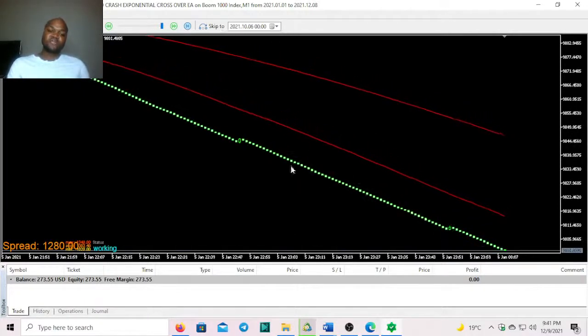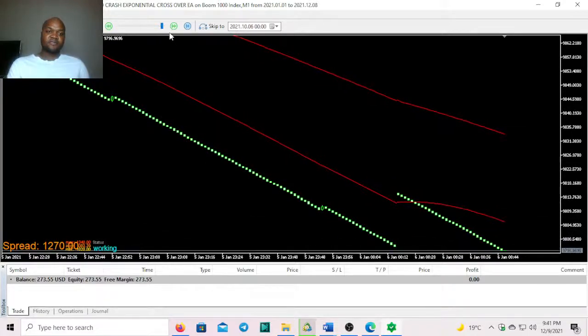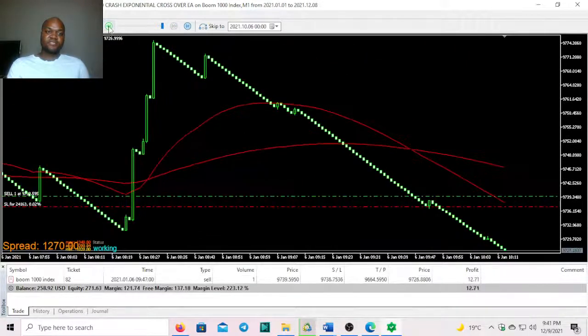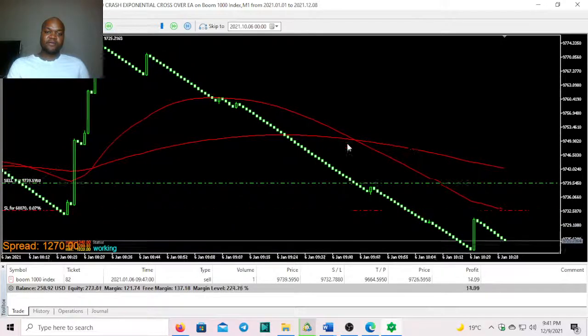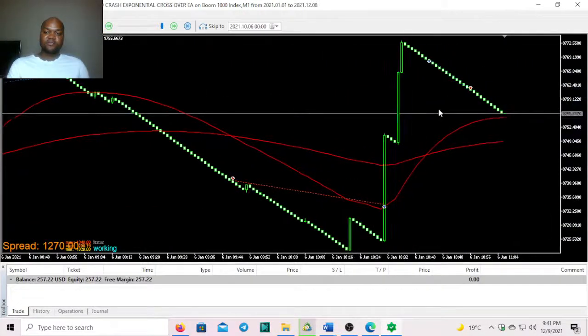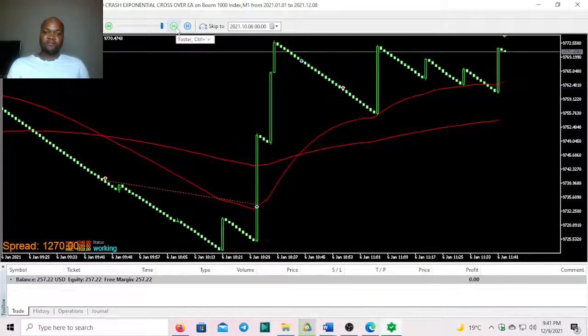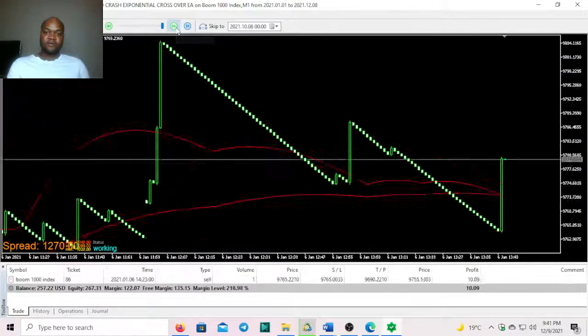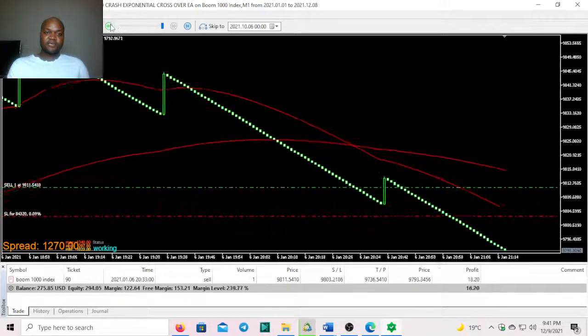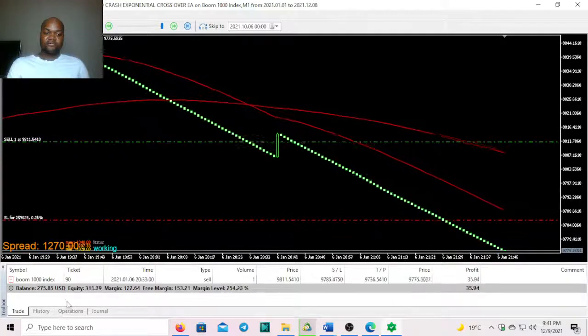You can even increase this trailing stop so that it's not that active. Let me increase it. Okay, here there was a crossover, a sell, then there were spikes. It opened up a buy, but the market didn't go that up. Okay, let's see here. Again, a sell, and you can see the money is going up.